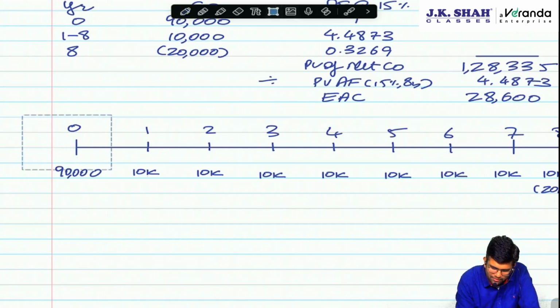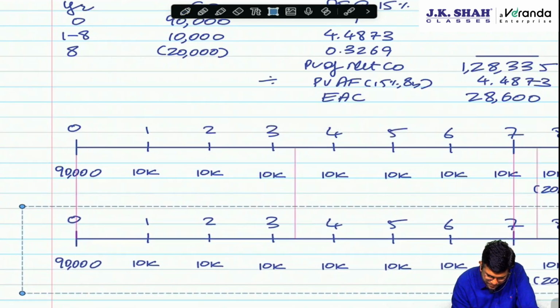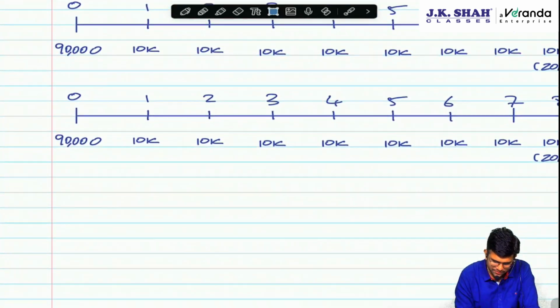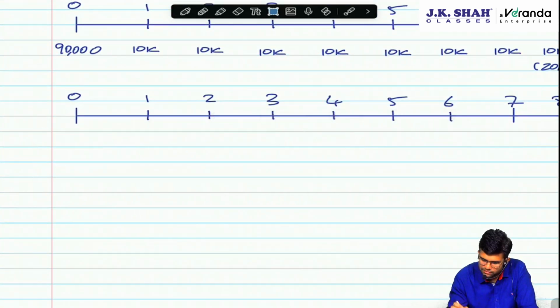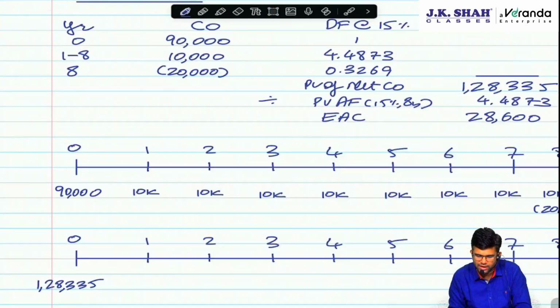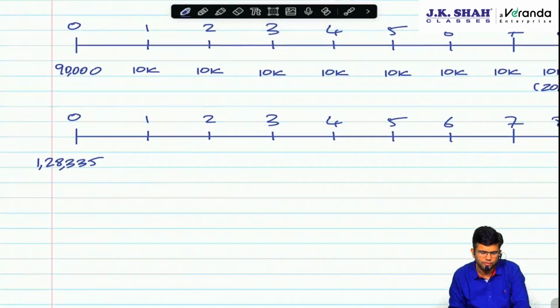Now I am duplicating this chart, and this whole thing I am deleting, and instead of that I am writing 128,335. Look at 128,335. It is the present value of all future cash flows.